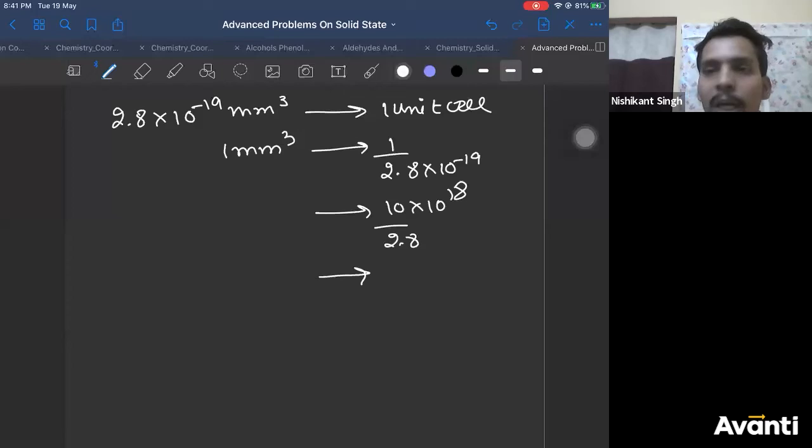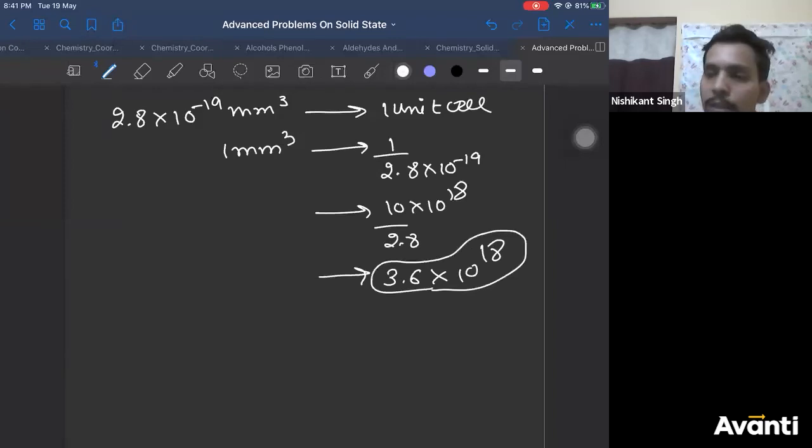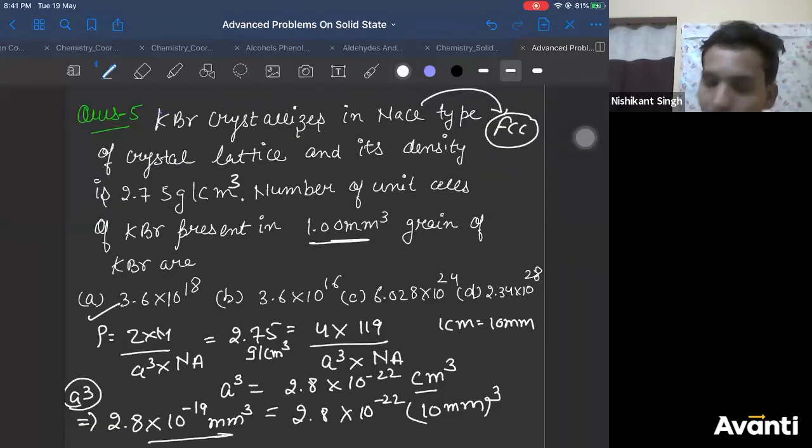So it will be greater than 3.33. So let's say 3.5 or 3.6 into 10 power 18. You don't even need the calculator to solve this. So your answer should come out to be A. I hope this question is clear to everyone. Yes, Bhumika. So I hope this point is clear to everyone.